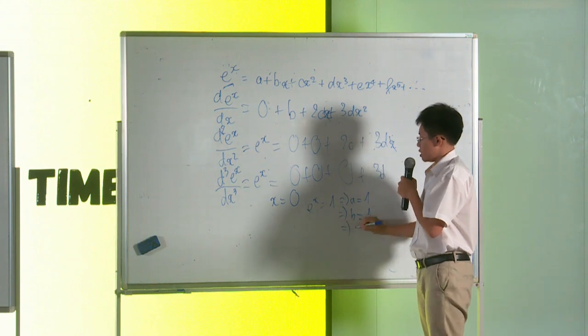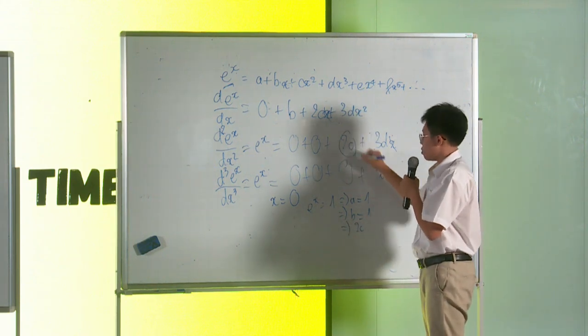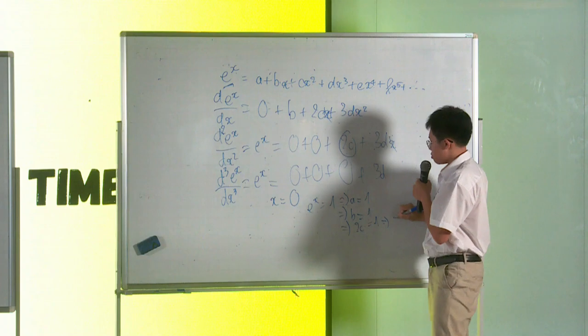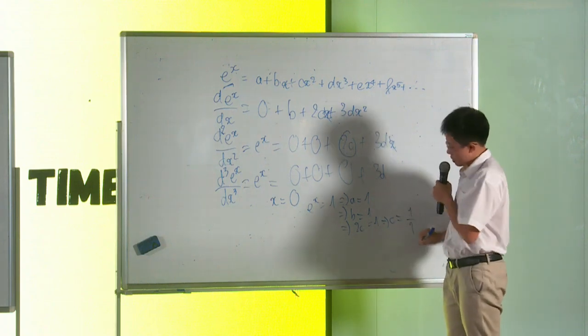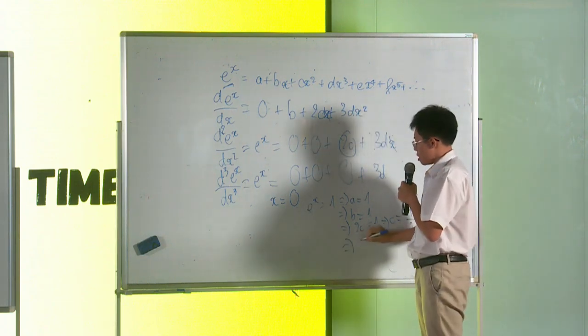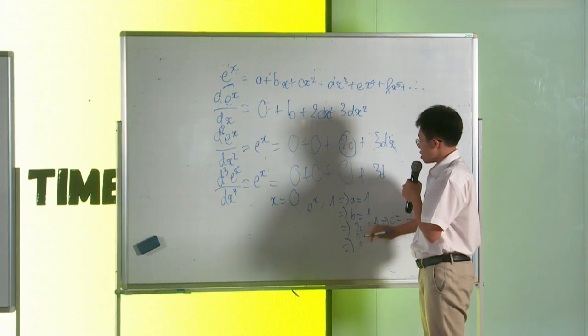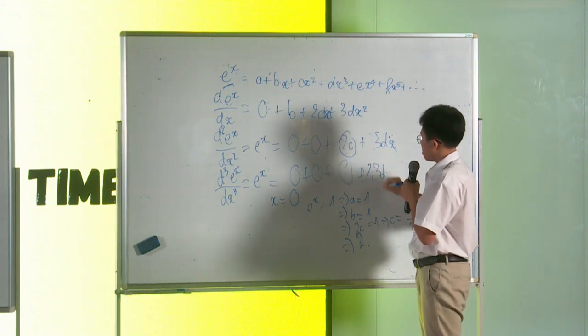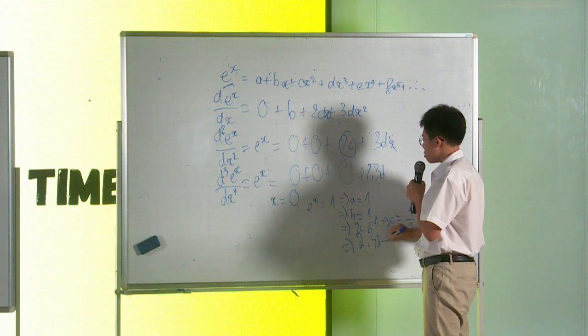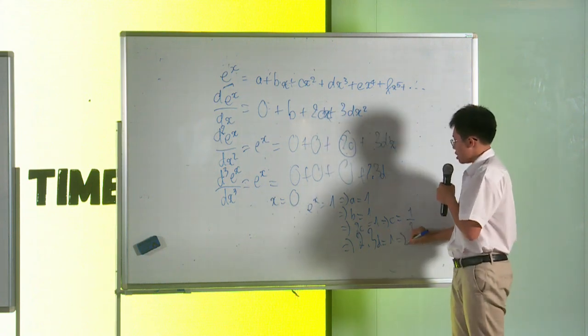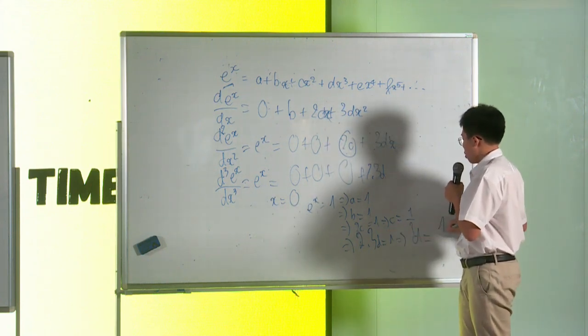For the third function, 2c would be 1, which means c would be 1 over 2. And for the fourth one, 2 times 3d would be equal to 1, which then means d would be equal to 1 over 3 factorial.